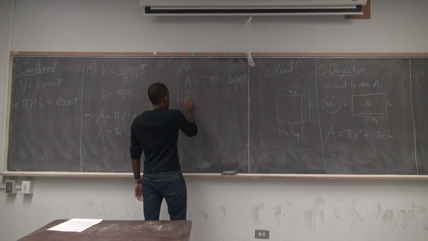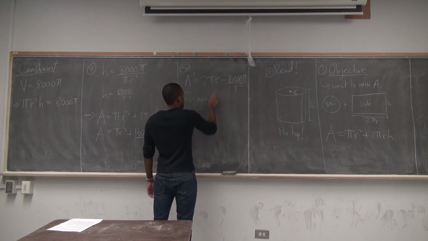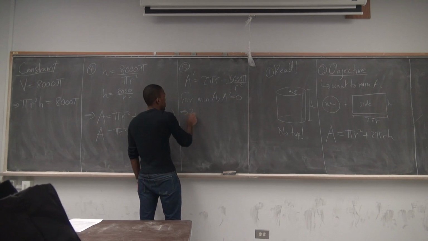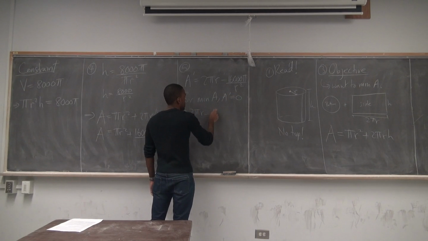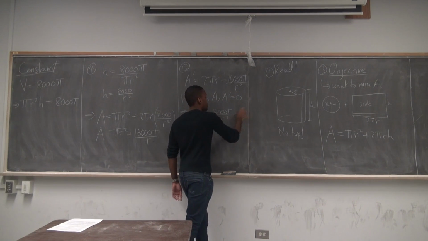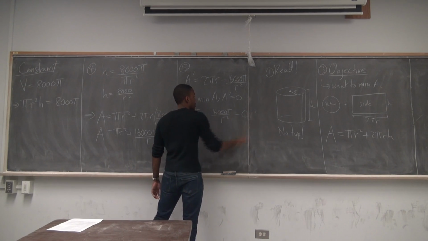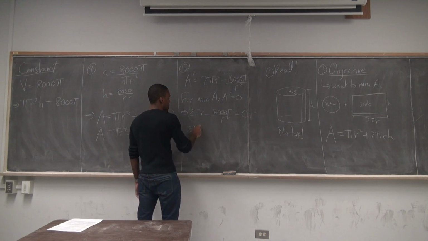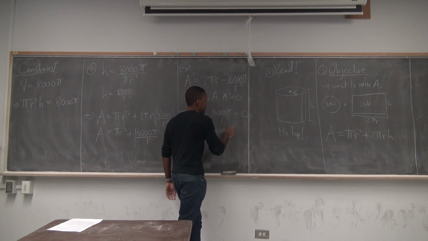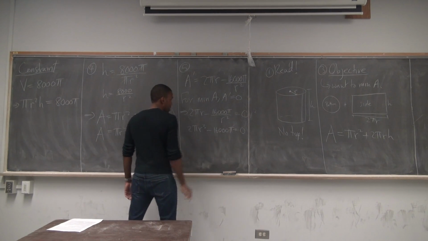Okay, so now we want to minimize the area, correct? We set A prime equal to 0. So we have 2 pi r minus 16,000 pi over r squared equals 0. Multiply both sides by r squared. I get 2 pi r cubed minus 16,000 pi equals 0. Divide both sides by pi.